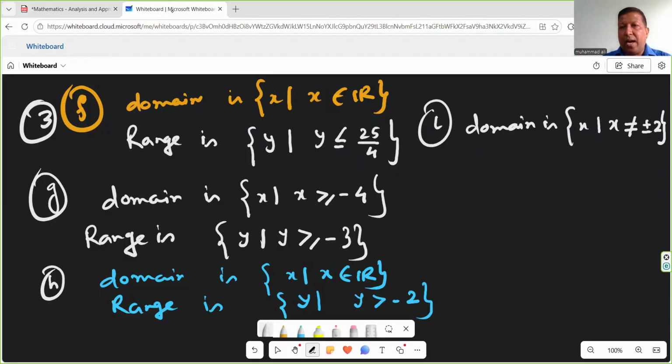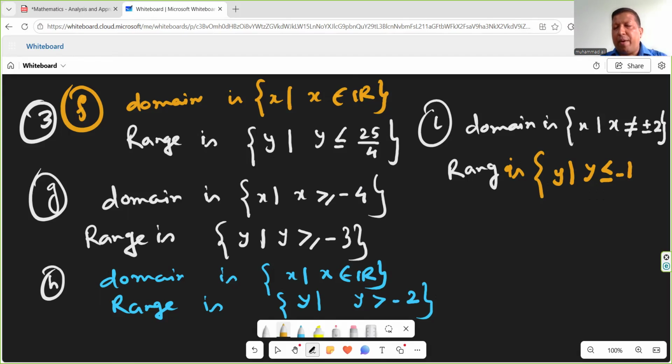So the range is y such that y is less than or equal to -1, because it starts from -1 and goes downward, or y is greater than 0, above 0.